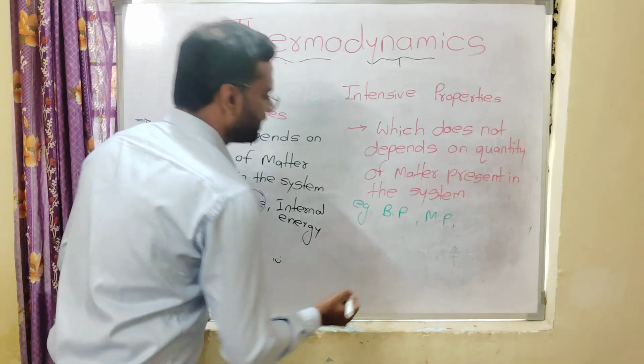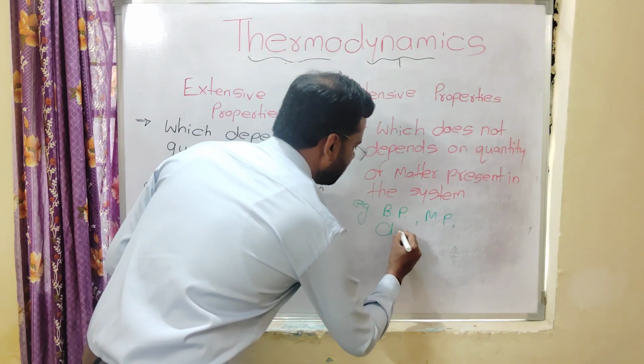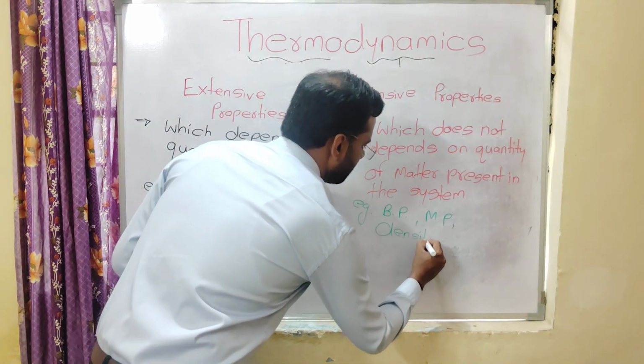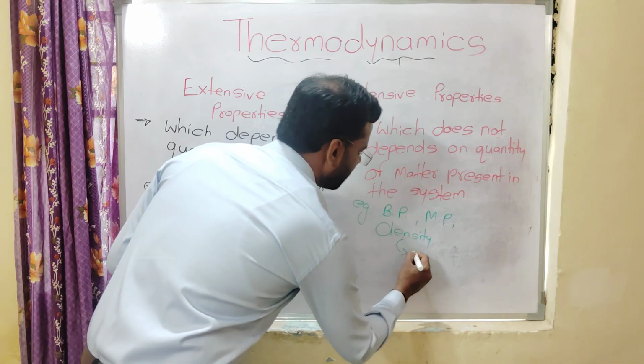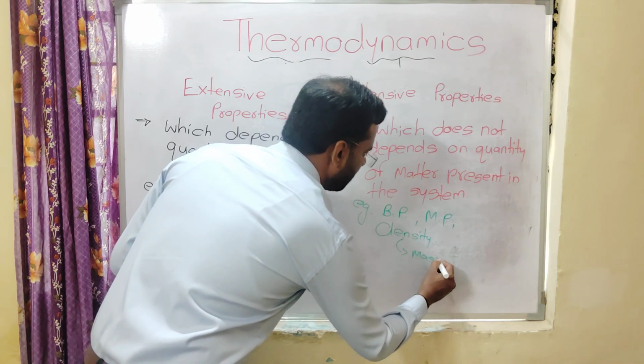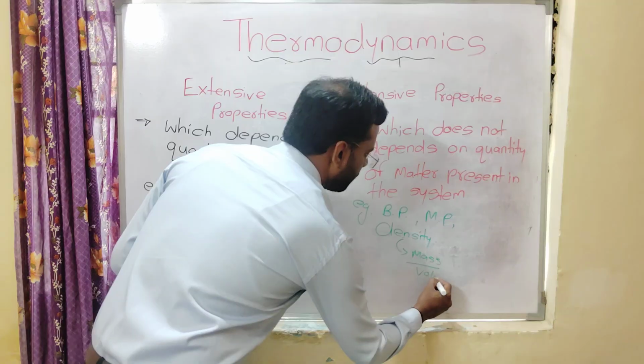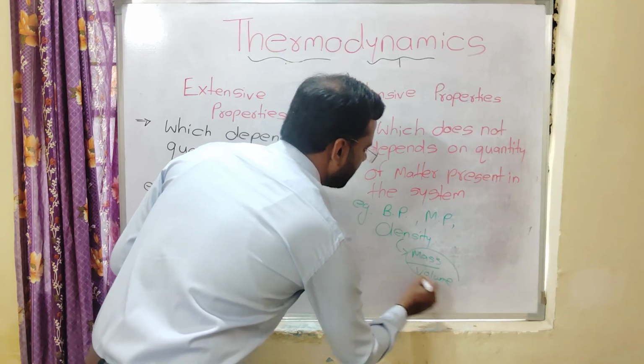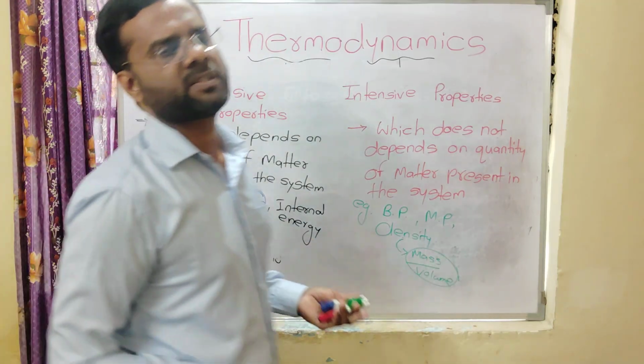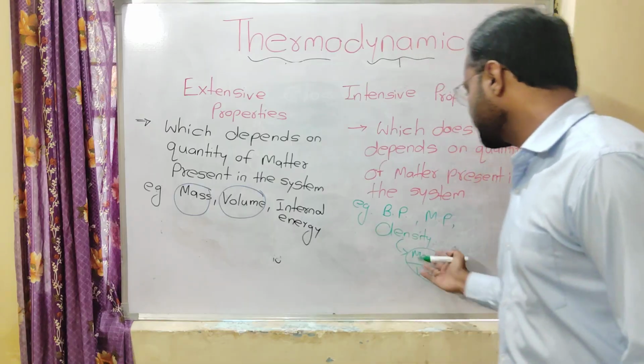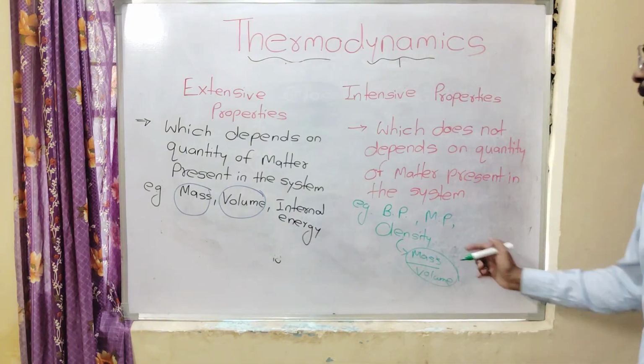Then we can also take density as an example, because it is a ratio of mass by volume. Sometimes students get confused: mass and volume are extensive properties, but the ratio of two extensive properties is an intensive property.